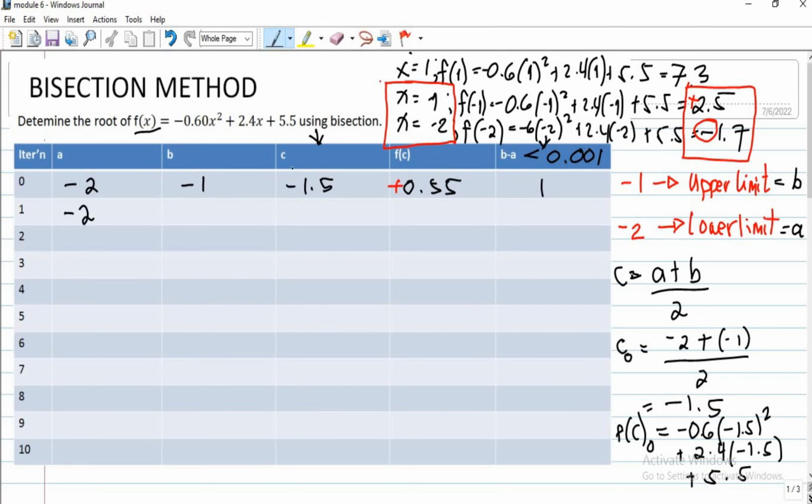Kukunin natin yung C, that is negative 1.5. Then, same. So, for C, we just have to take the average of these two, that is equal to negative 1.75.